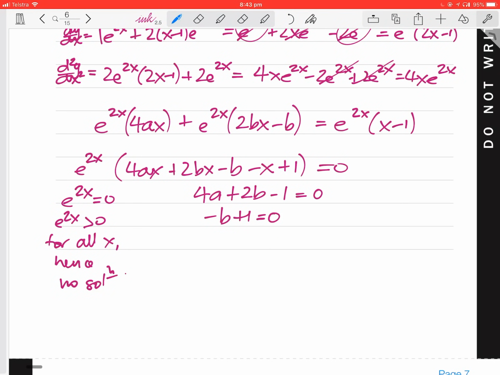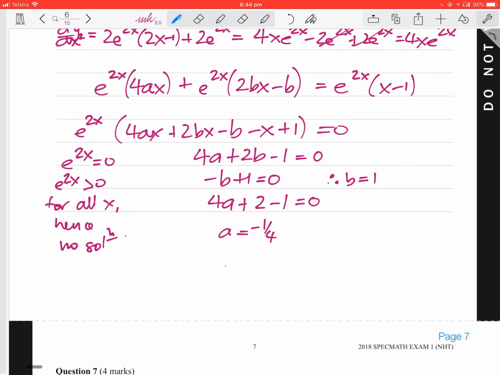Therefore b is equal to 1. So 4a plus 2 minus 1 is equal to 0, so a equals negative 1/4. So therefore the final solution is b equals 1, a equals, is that right? Negative 1/4, yep.